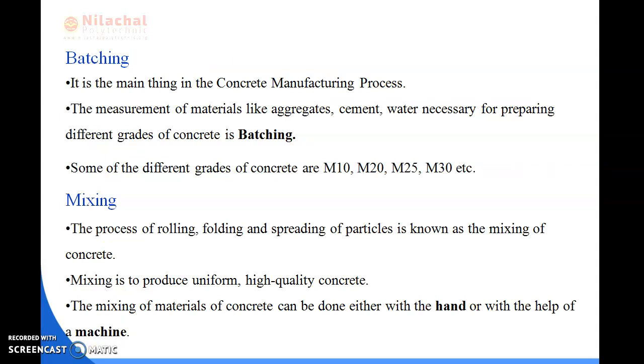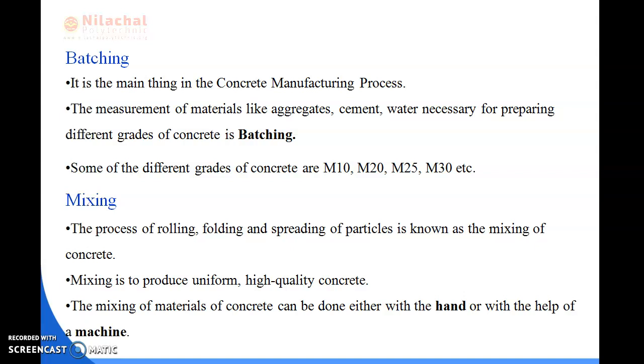Batching is the main process in concrete manufacturing, and the measurement of materials like aggregates, cement, and water necessary for preparing the different grades of concrete is known as batching. Some of the different grades of concrete are M10, 20, 25, 30, 40, 45, etc. I have already discussed what the grades of concrete are.